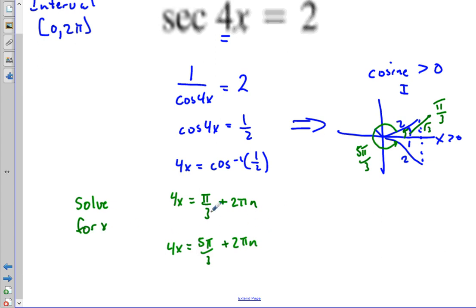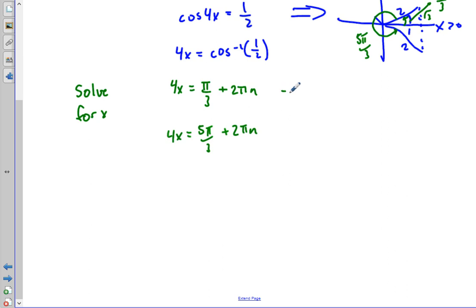Solve for x by dividing by 4. So when we divide by 4, x is going to equal pi over 12, plus 2 pi n over 4.